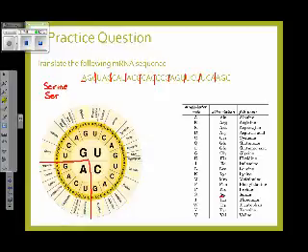Okay, so you start at the A, you go to the G, and then you go to the last letter, which is C, and you have your amino acid. Okay, the next one is U, so we're going to start at U, then A, then is that a C? Yeah, and then a C is there.